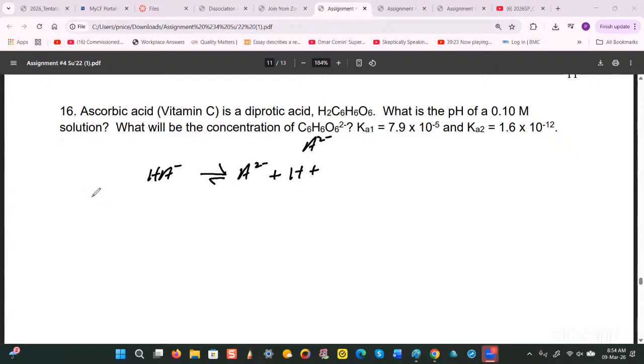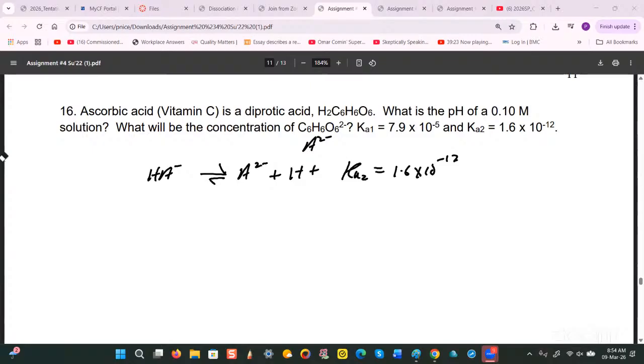And the Ka value for this, which is Ka2, is equal to 1.6 times 10 to the minus 12, right? So, based on this equation, before I do that, let me do the ICE table for this here.